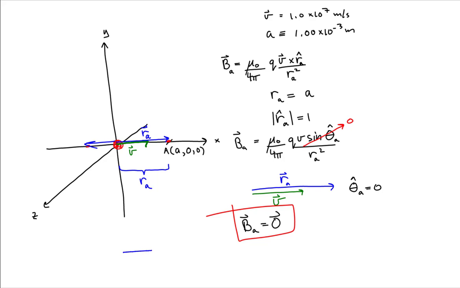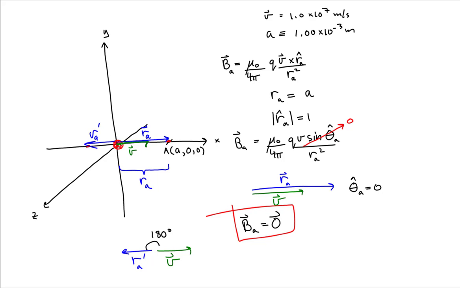And if we look at the angle between that relative position vector, which I'll just call r sub a prime, and its orientation relative to the velocity vector, we see that the angle between those two is 180 degrees.